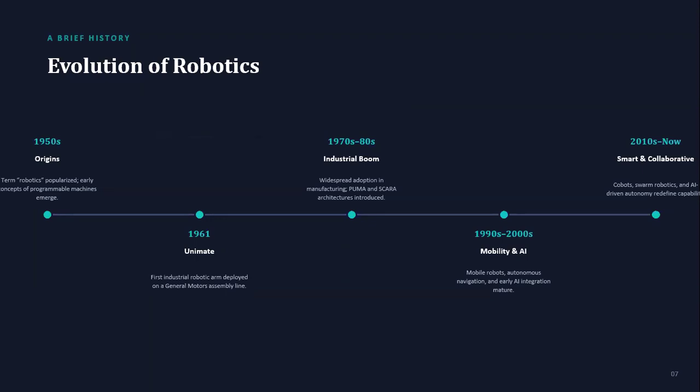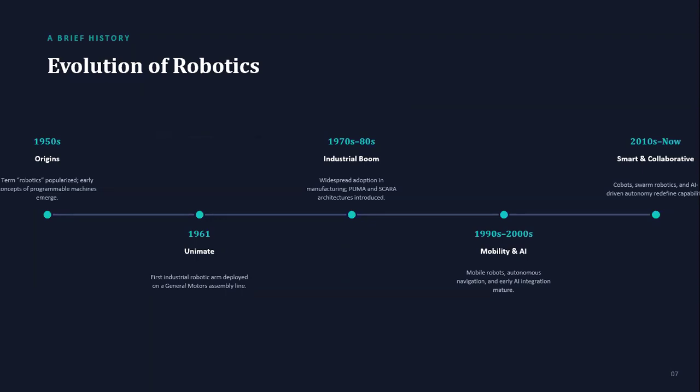Let us go through the brief history of robotics. The journey of robotics began in the 1950s, when the term robotics became widely recognized. In 1961, the world's first industrial robot, Unimate, was installed in a General Motors manufacturing plant.